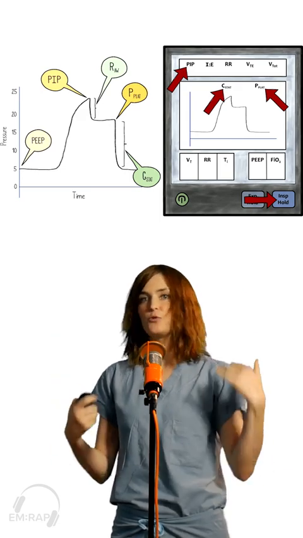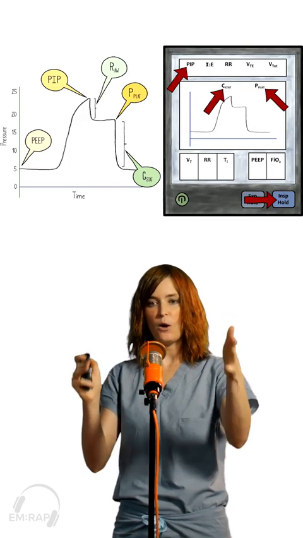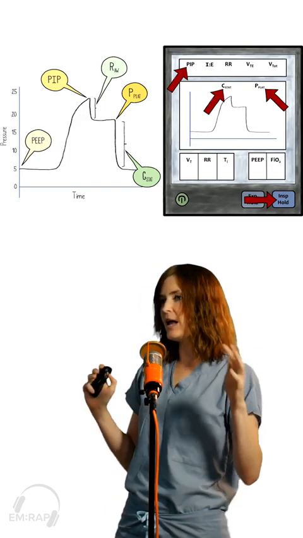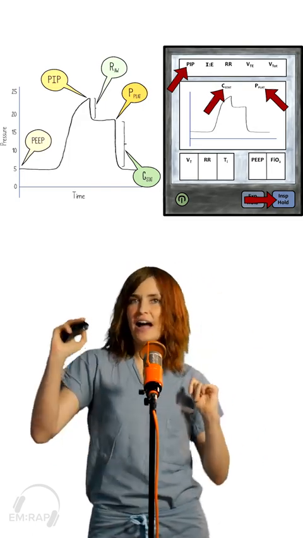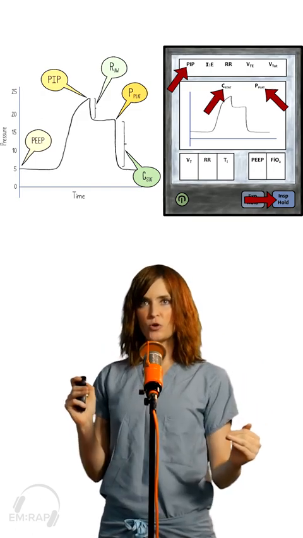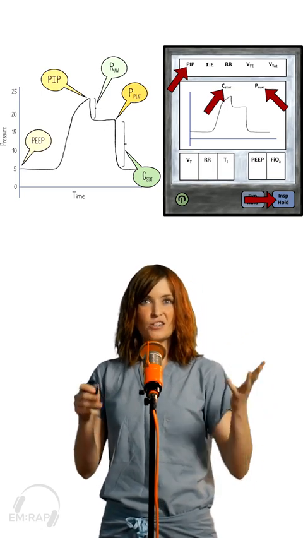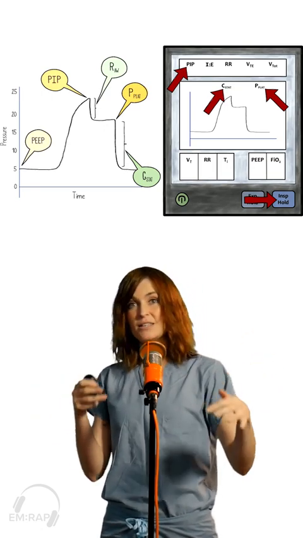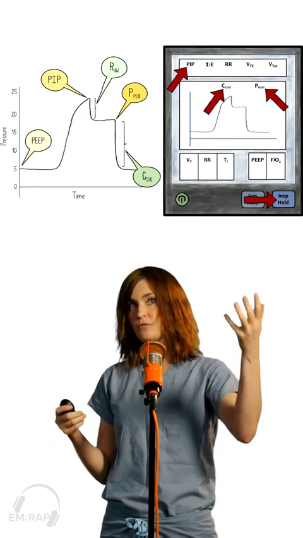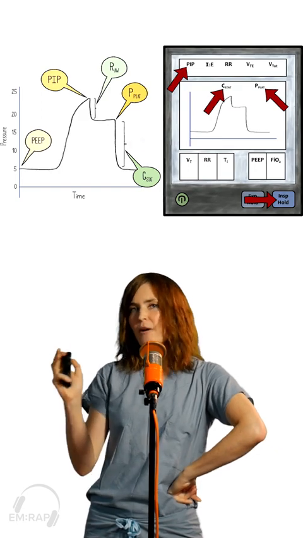It's taking out the issue of compliance, just thinking about the issue of resistance. Now I go one step further. I have my peak pressure and my plateau pressure. I have a sense of how much of that peak pressure is due to compliance issues and how much is due to resistance issues by simply subtracting my plateau pressure from my peak pressure, right? So that lets me be like, okay, where am I here?